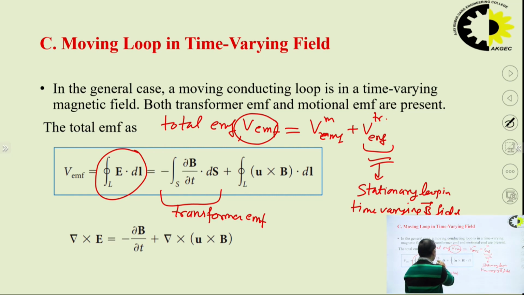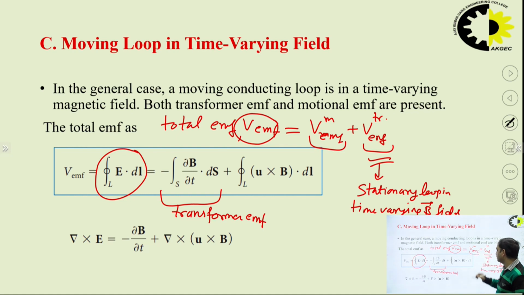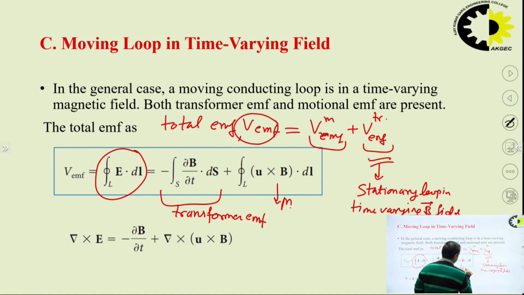So this is minus del B upon del t dot ds. Now come to the second point. This is the motional EMF. So motional EMF is when the loop is moving in the stationary B field with the velocity of u. So this is your motional EMF.